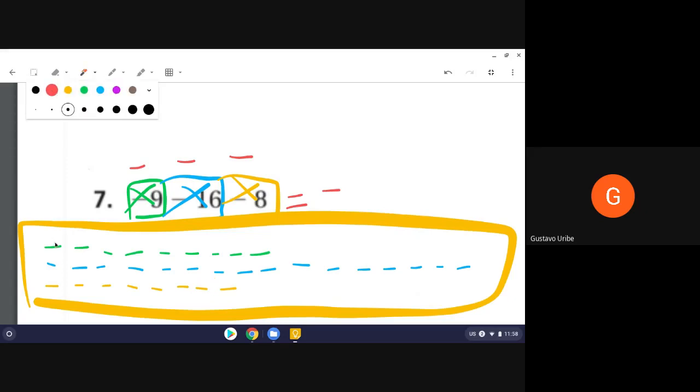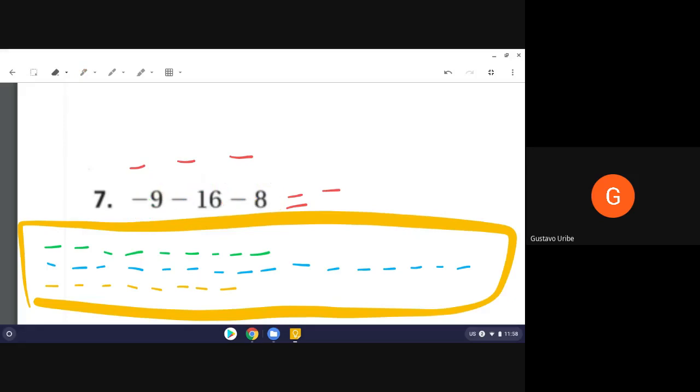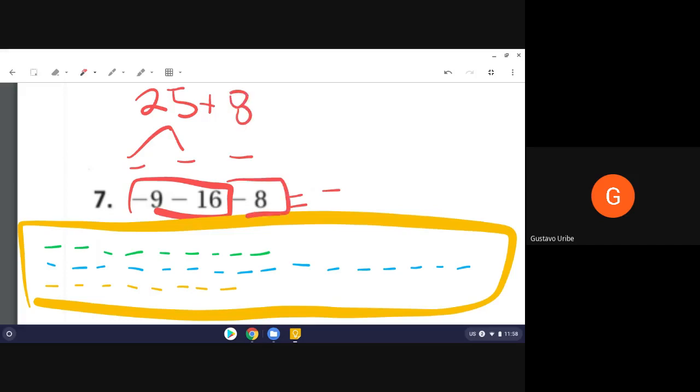Now, I could spend time and count every single one of these, or I could have just added from the beginning. 16 plus 9 will give me 25, plus the 8 will give me 33. So your answer should be negative 33.